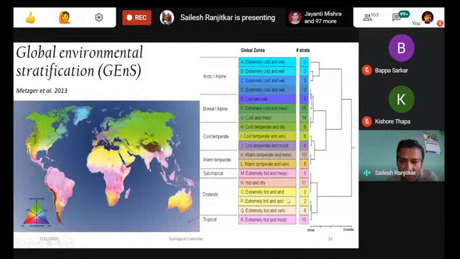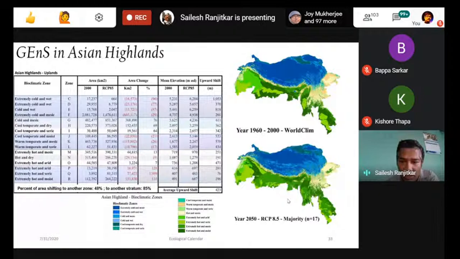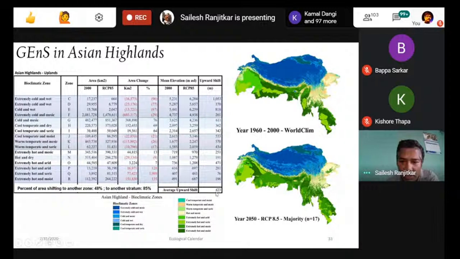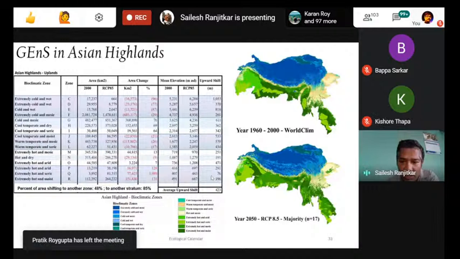We used this and developed it for the Asian highland, and found that there will be a lot of change in these bioclimatic zones. There will be an upward shift of the bioclimatic zones of up to 423 meters on average.